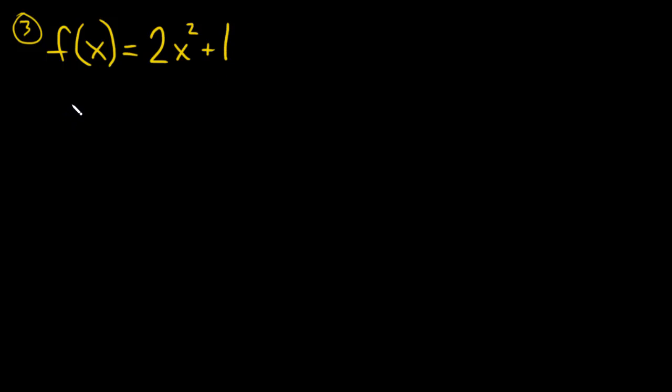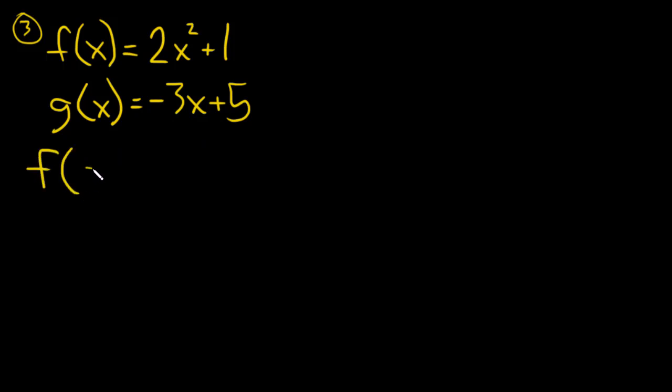Number 3 is going to be f of x is equal to 2x squared plus 1, and g of x is equal to negative 3x plus 5. All right, so we wanted, first off, f of g of x.